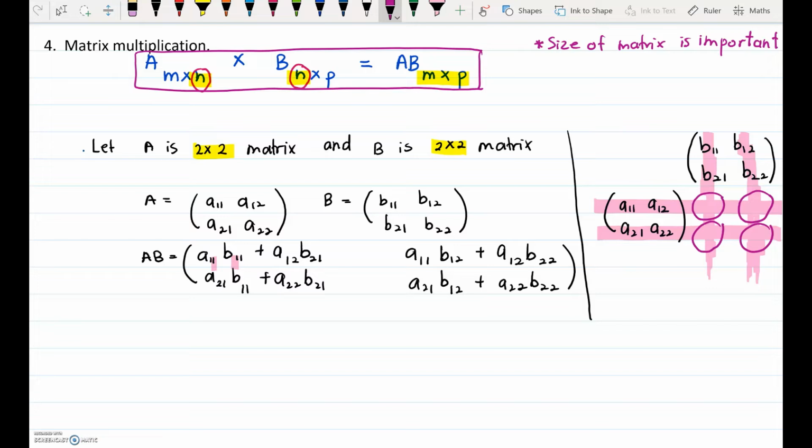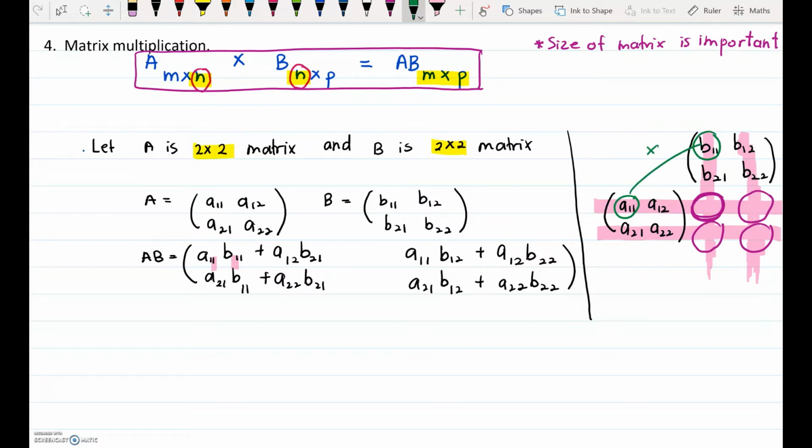If you look at here, for the first entry, it will be A11 times B11. This one you have to multiply.